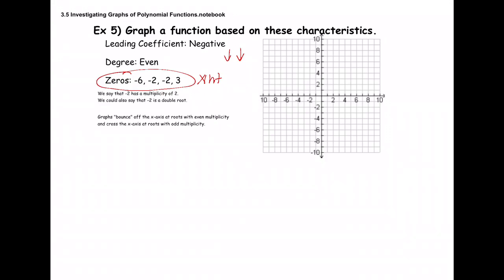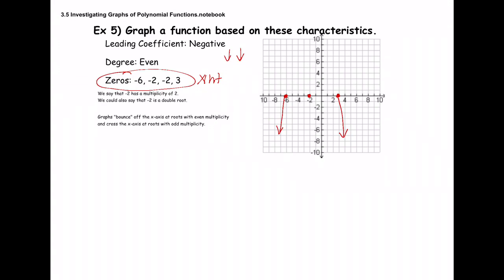So we have an x-intercept at -6, we have an x-intercept at -2, 2 at -2, and then we have an x-intercept at 3. So after -6, we know my graph has to go down. After 3, we know our graph has to go down.